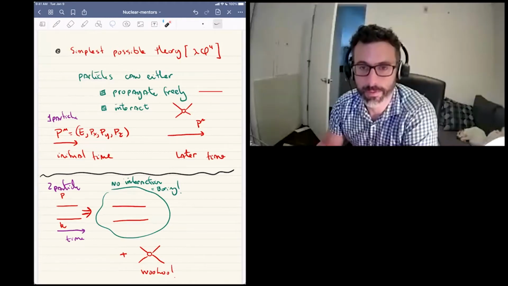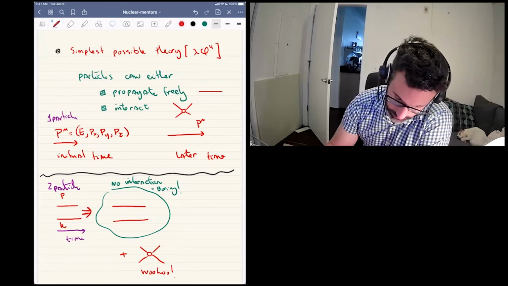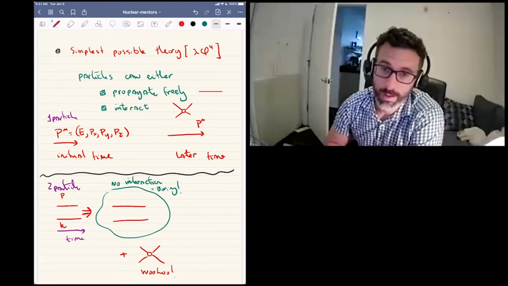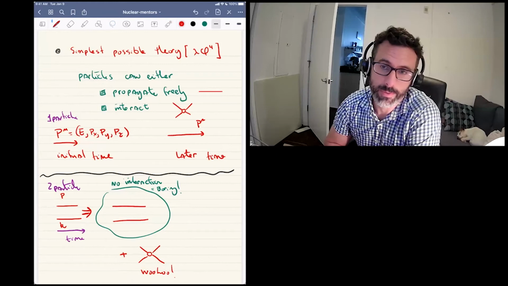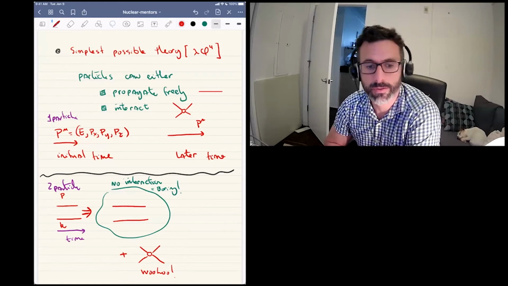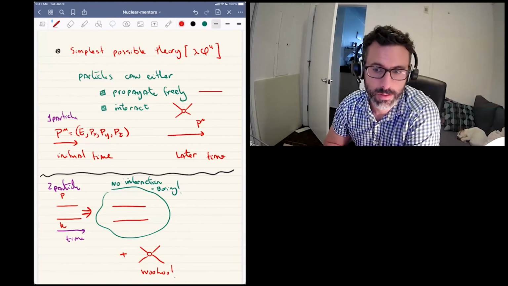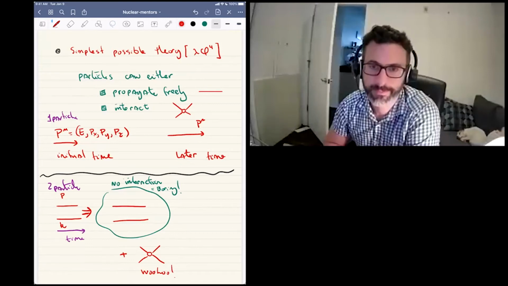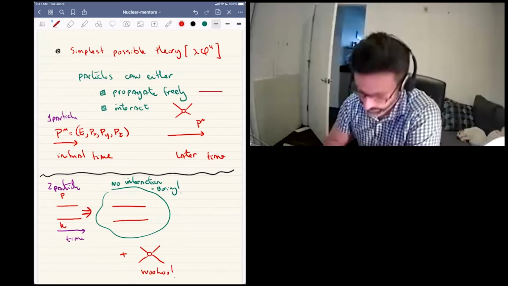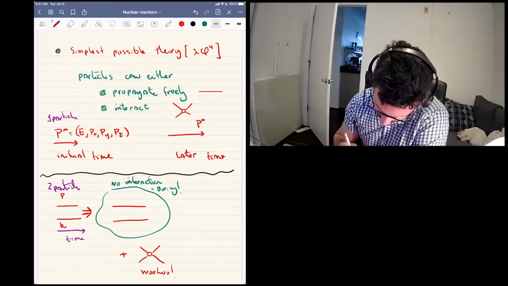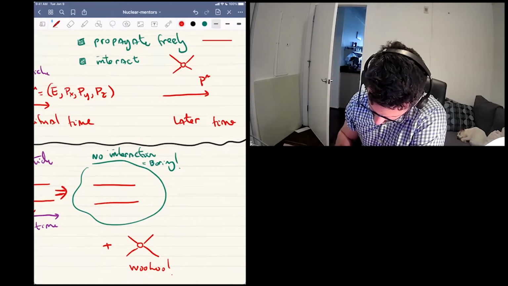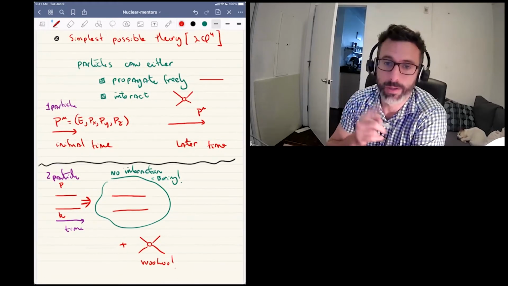Very good. And energy could change into mass. But the total energy, is it conserved or can it change? It is conserved, but some of it could be conserved in the form of mass. Very good.